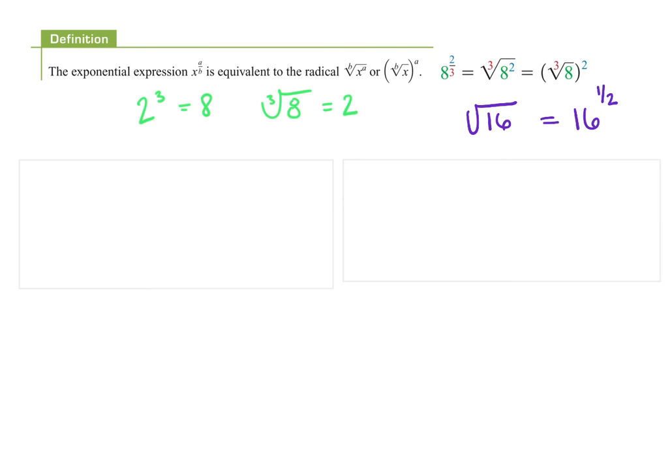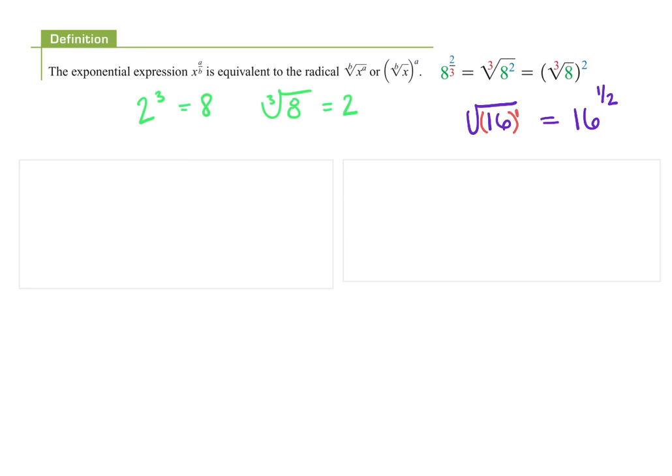That actually means the same thing. Your numerator comes from the exponent inside here. What is the exponent on 16? 16 to the 1st power, right? Does that make sense?